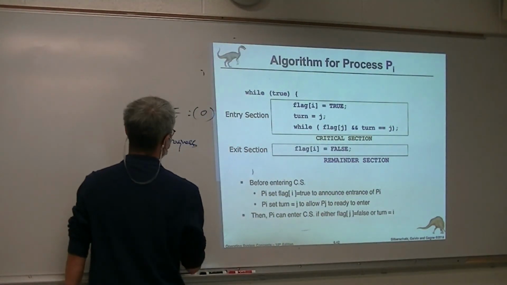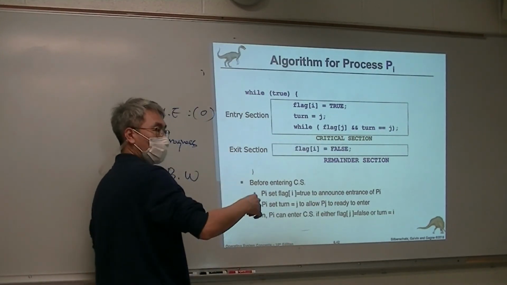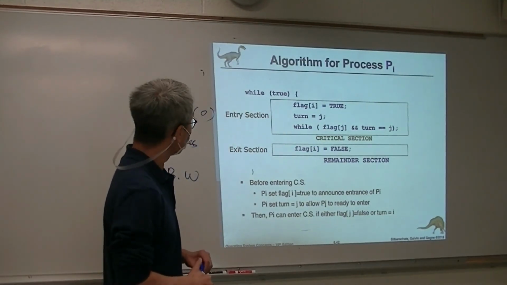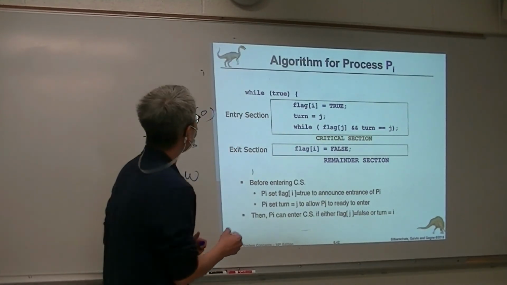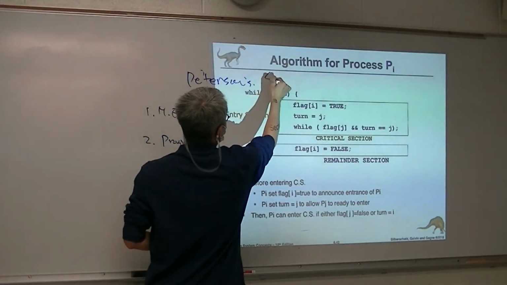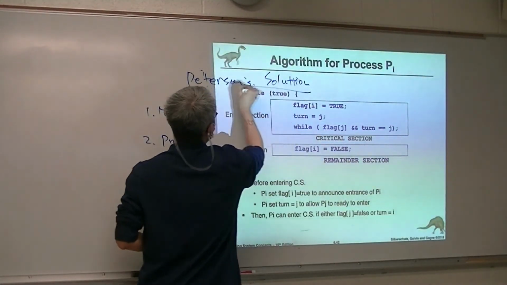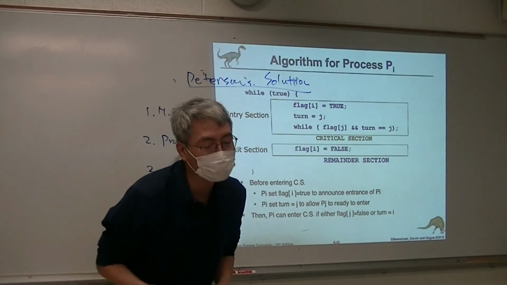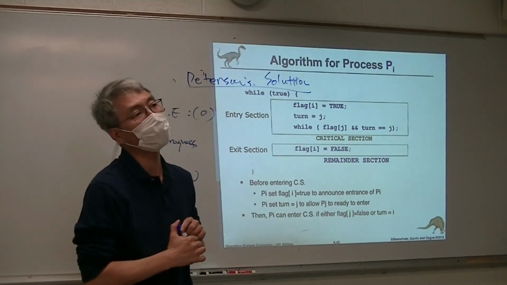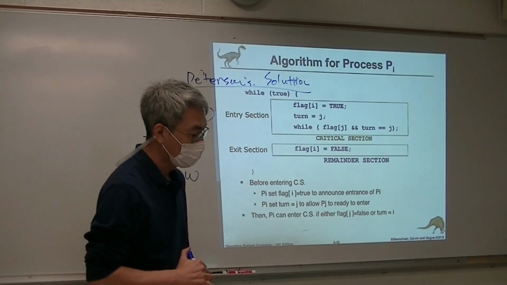Then the third one, bounded waiting: it will be only one round, which means one process's turn. So this is actually called Peterson's solution. This is the first, really first, synchronization problem solution used in the operating system.